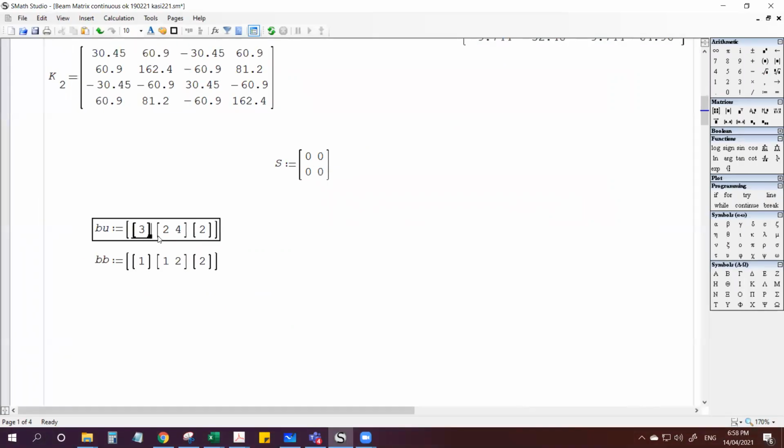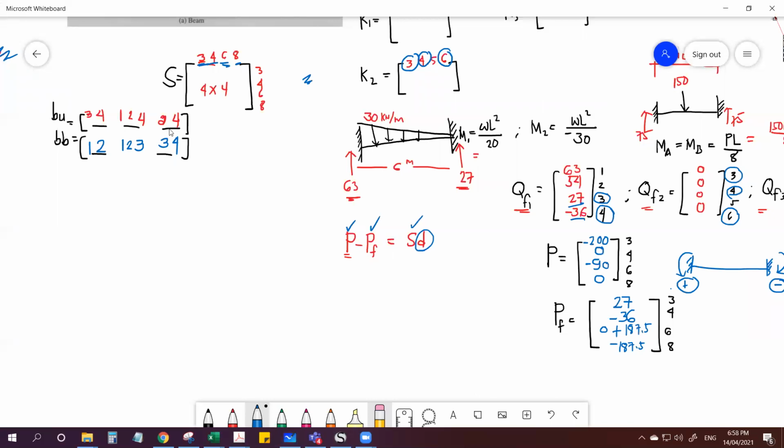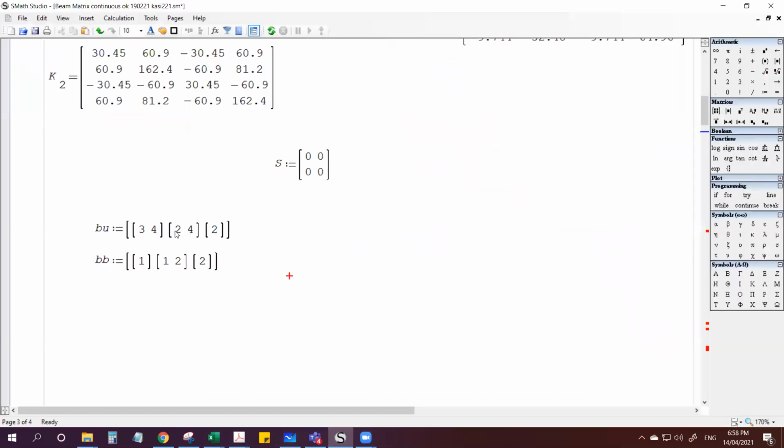So I will enlarge this to put in another data. So that's it: 3, 4, 1, 2, 4, and 2, 4. Space. Then 1, 2, 4. Then space here. Then 2, 4.